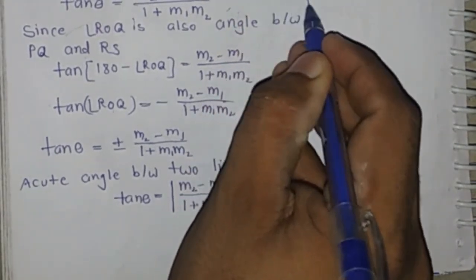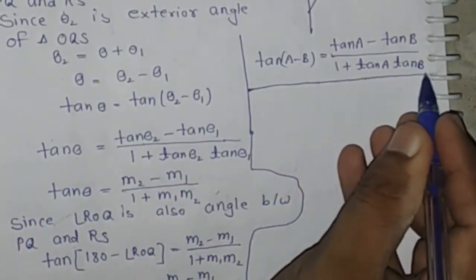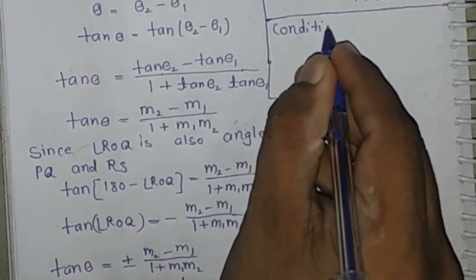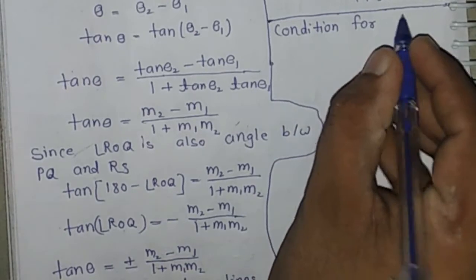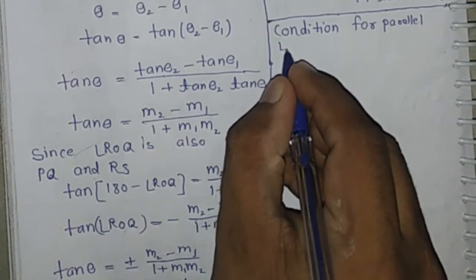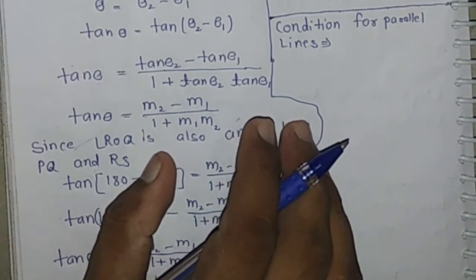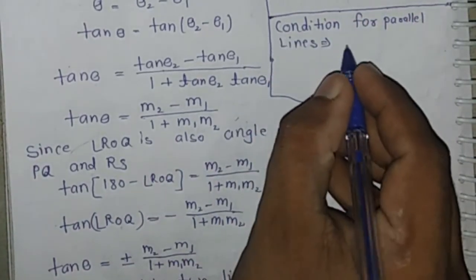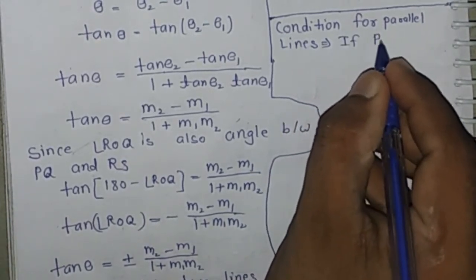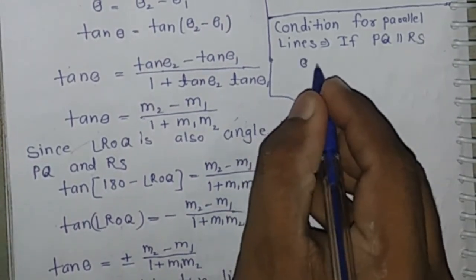Now condition for parallel lines. When two lines are parallel, then angle between these lines is theta. If PQ parallel RS, then theta equals 0.